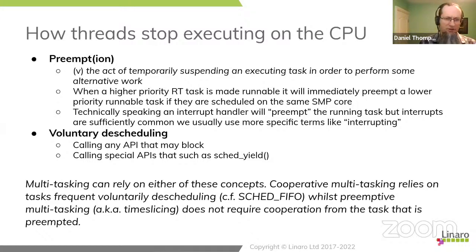If you're interested in computing history, you're probably aware that multitasking as a concept can be implemented using either or both of the above approaches. So prior to things like Windows 95 and Mac OS System 9, you didn't have preemptive multitasking on desktop operating systems.